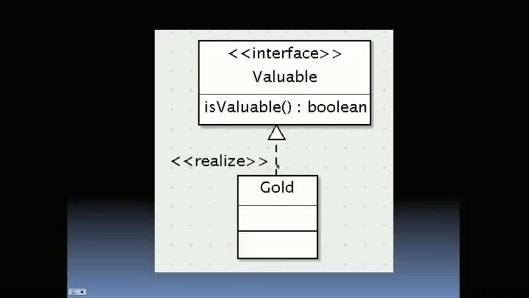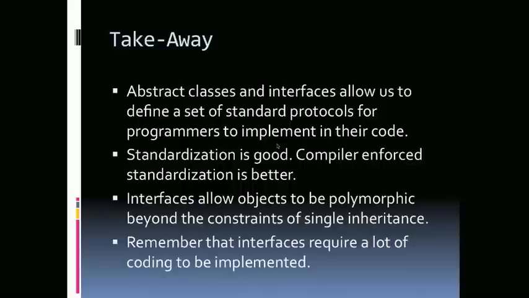So in this case, Gold is Valuable, Gold is Gold, and Gold will have a method called isValuable. One of the things to note in UML is the difference here. Notice that when we do inheritance, we have a solid line. When we do realization of interfaces, we have a dashed line. So that's the only real difference in terms of UML in the case of those items.